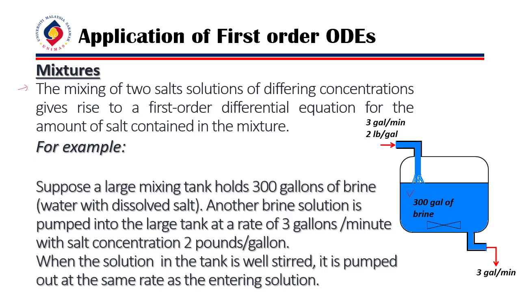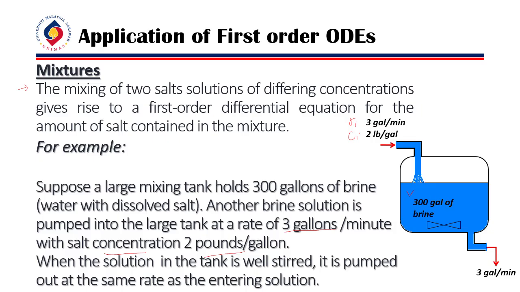And another brine solution is pumped into the large tank at a rate of 3 gallons per minute. So this is the initial rate, with a salt concentration. You consider this the initial concentration of 2 pounds per gallon.